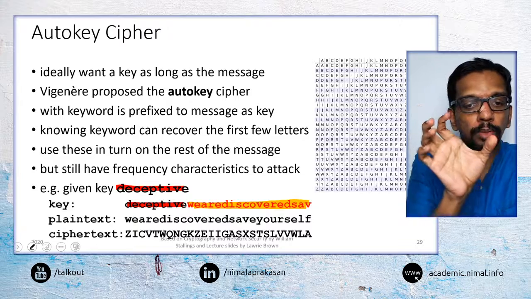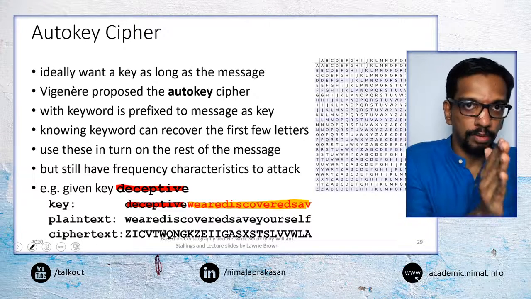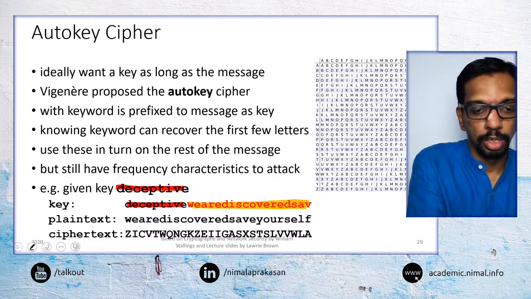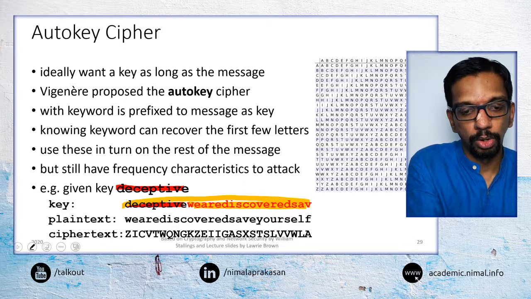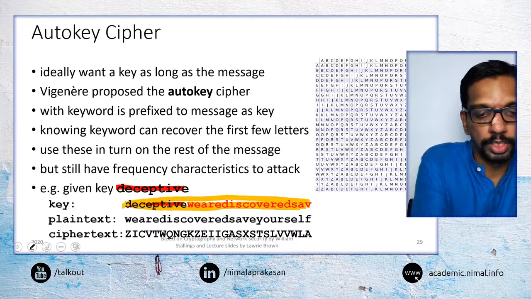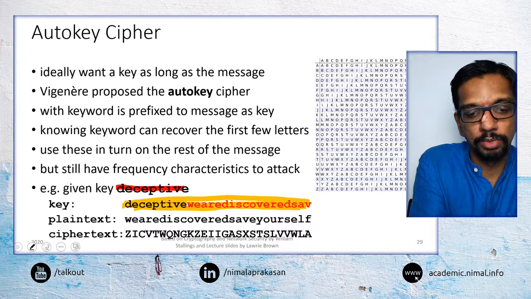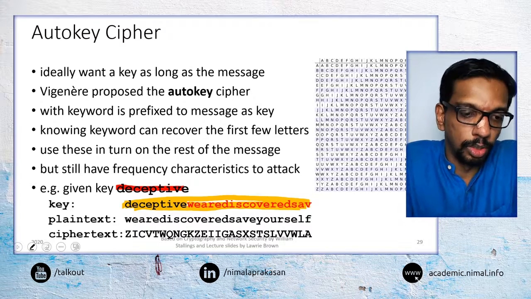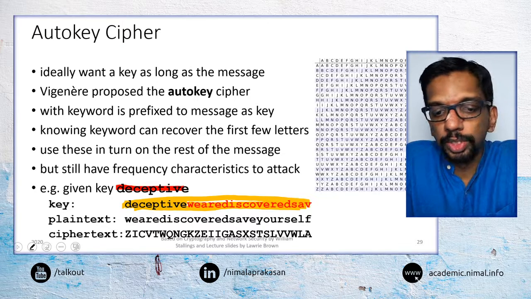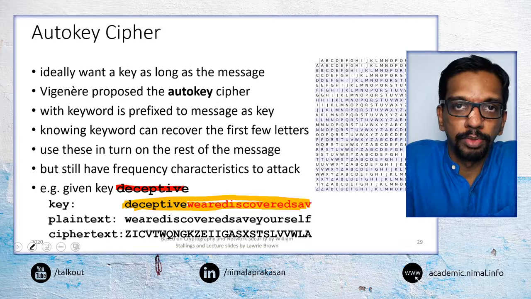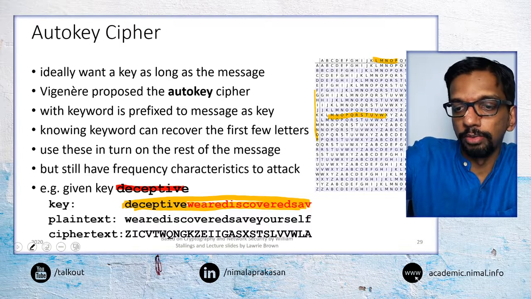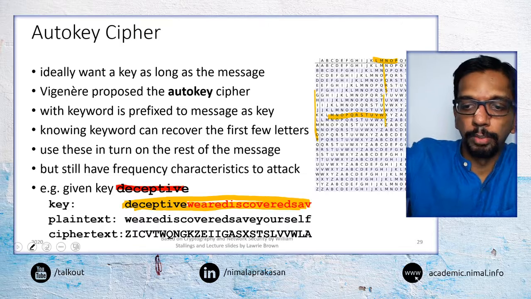We use the key first and then the plaintext as the actual key. So to the length of the overall plaintext we would have the key, but only the first part would be the key, the rest of them would be the actual plaintext. Then we would do the substitutions similar to the Vigenere cipher. We would select the column and select the row and find the corresponding replacement there.